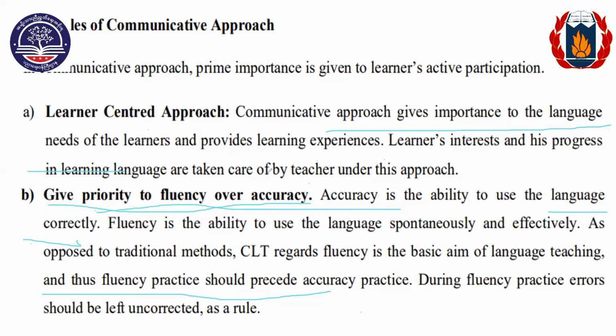So the teacher can, how can I say, ignore the errors of the student, but can correct the errors later. At the very beginning, when students are producing utterances, the teacher can omit the students' mistakes and errors, so that the speaking skill will become better and better.